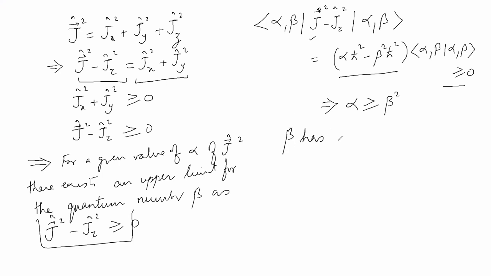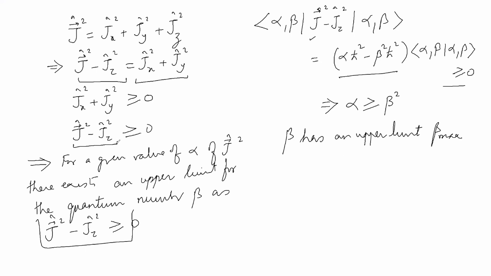That means beta has an upper limit, beta max. Similarly, beta will have a lower limit also, beta min, because we cannot just keep on lowering the value of beta to infinity.